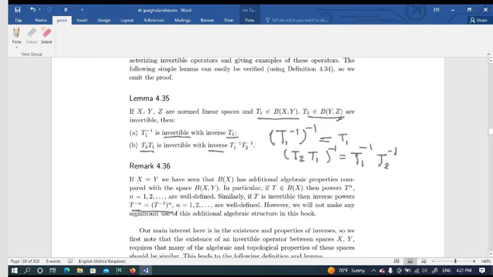So T1 minus 1 is invertible too, with the inverse T1, and the composition T2T1 is invertible with the inverse like this. You see, in the inverse of this operation, the order of indices changes. Here T2T1, but T1 minus 1 T2 minus 1.